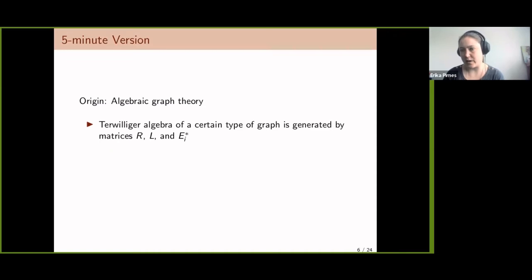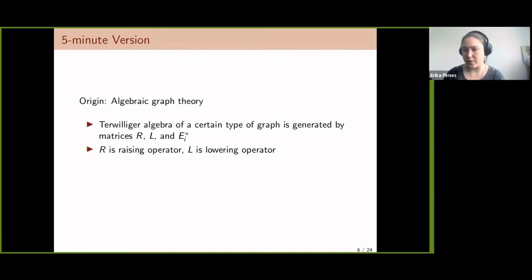And what is the origin? This problem, or something similar, comes up in algebraic graph theory. If we have a certain type of graph, it has this algebra called the Terwilliger algebra, and it's generated by matrices R, L, and a bunch of matrices E_i star.